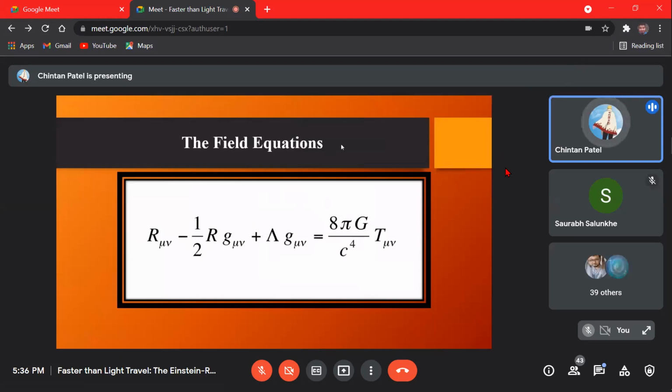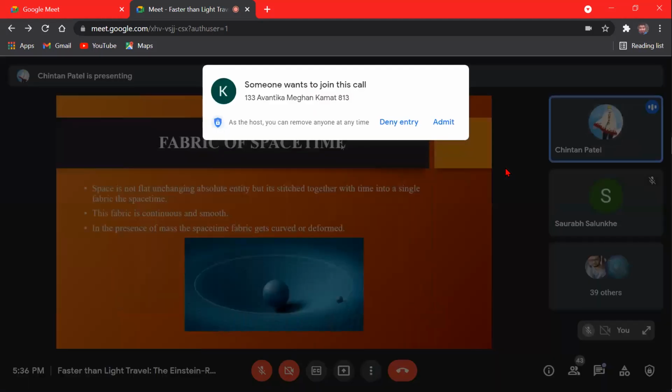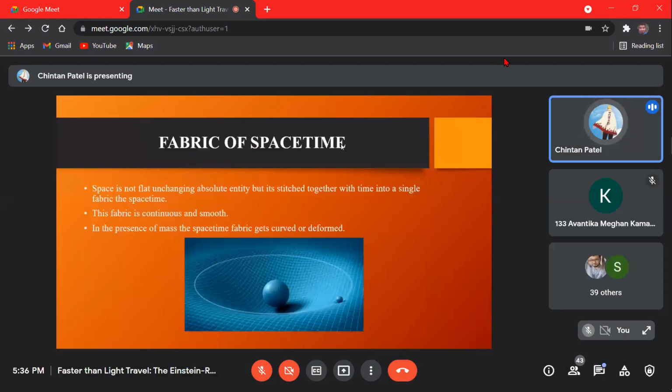But before going into that, we should know some very basic concepts about general relativity. The first is that you can imagine a space-time fabric. When we say space-time fabric, time is also blended with the three spatial coordinates. Just imagine a sheet, and you place some heavy object on that sheet, it gets curved.